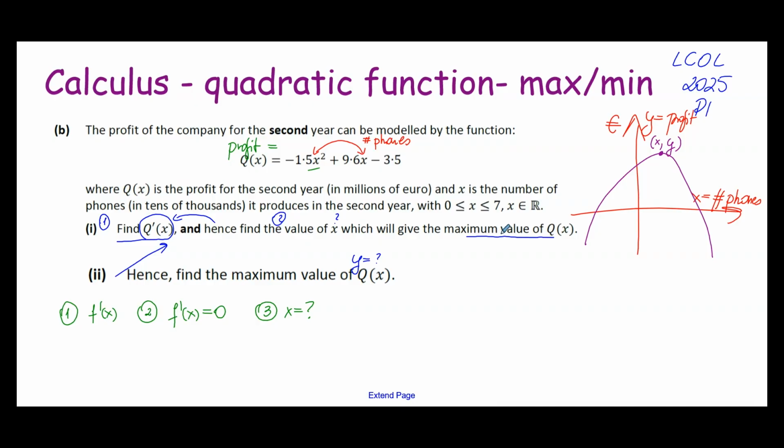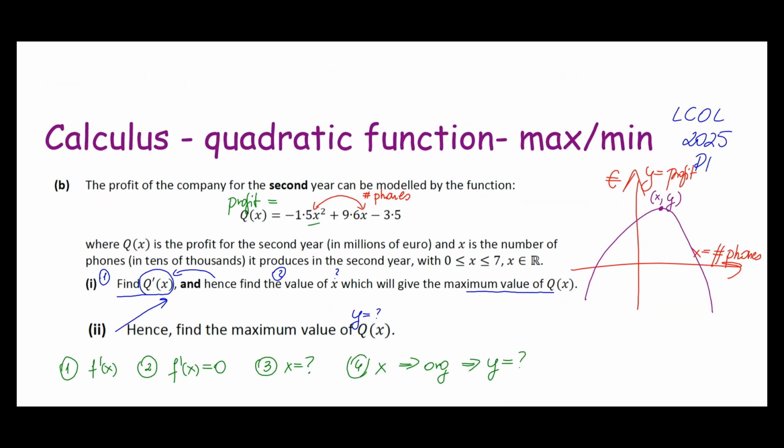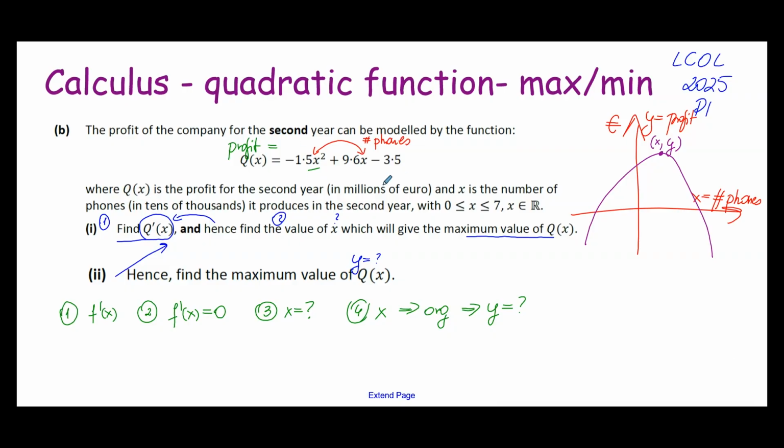And then, usually when we are looking for the full maximum place, and that will be part 2, this is when we take x back to the original function, not the derivative, substitute it in, and therefore we find the value of y. That fourth part will be here for the second part. Okay.